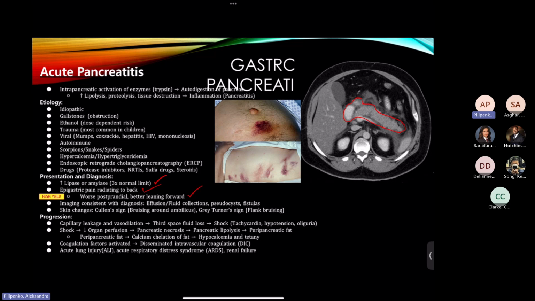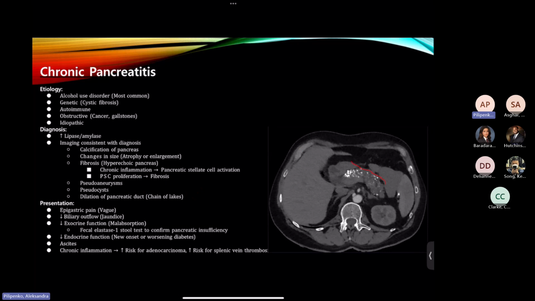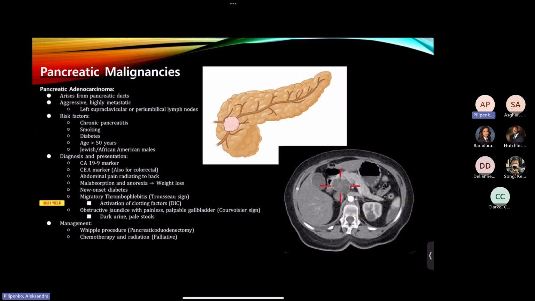Then chronic pancreatitis. You see in this case, pancreas looks different, right? Yeah, pretty much you will learn about chronic pancreatitis. Again, it's a lot of some high yield and some low yield diseases that I have on this PowerPoint.